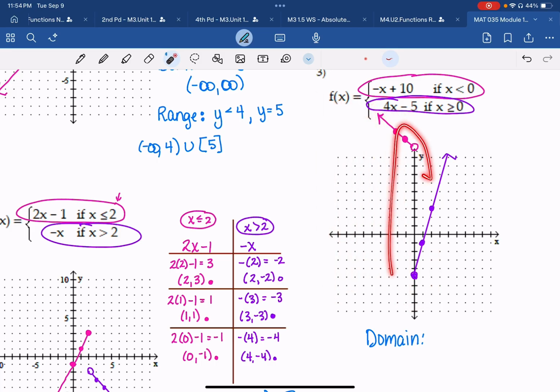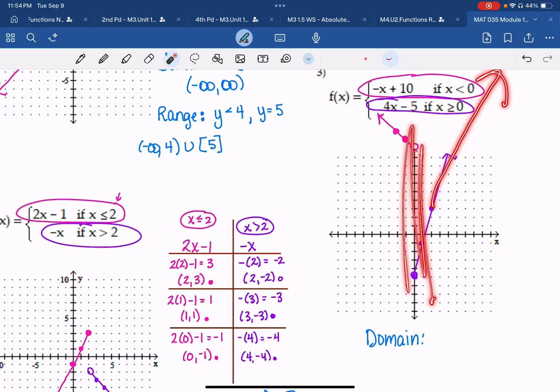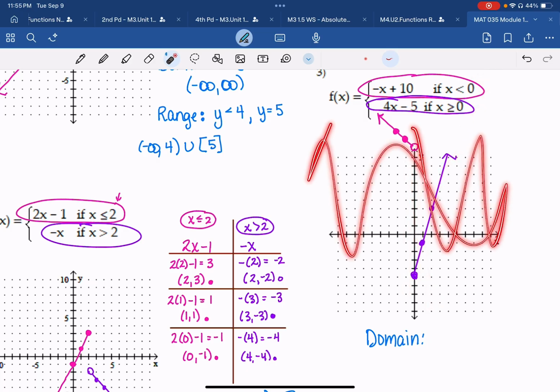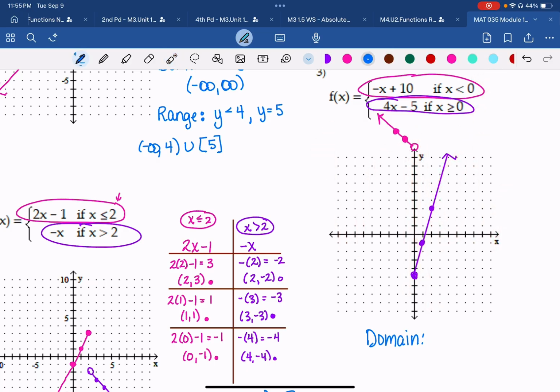Anytime we have this jump, that's where we've got to really pay attention. So yes, there's an open circle, but there's a closed circle here. So we are good. Nothing got skipped. So everything over here is covered. Everything in the middle is covered. This is going to keep going forever. So all real numbers. Everything is there. So we've got negative infinity to positive infinity, or all real numbers.